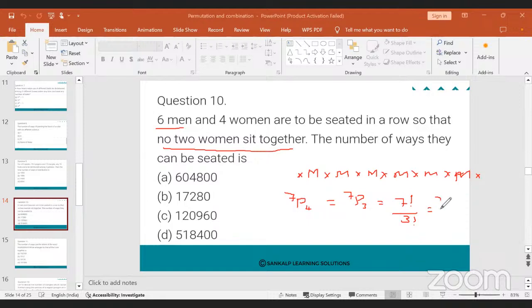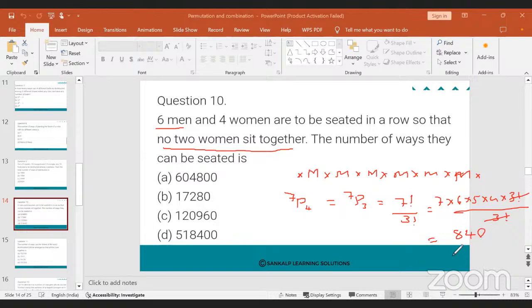So try to solve this. 7 into 6 into 5 into 4 into 3 factorial divided by 3 factorial, both get cancelled. So what is the answer? 7 into 6 is 42 and 5 into 4 is 20. The total will be 840, because 42 into 2 is 84, so with 20 it is 840.